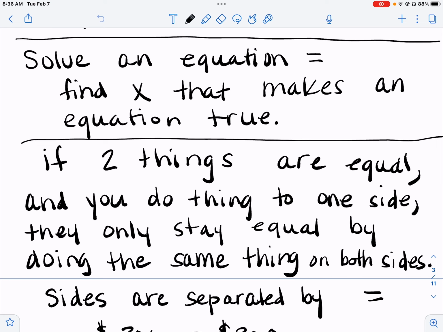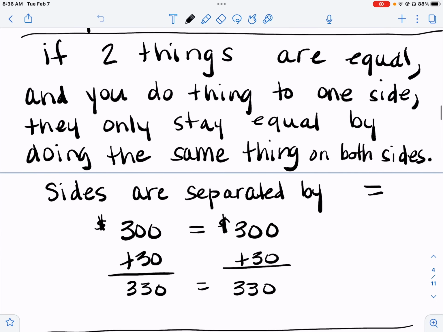To solve an equation means find x that makes an equation true. If 2 things are equal and you do the same thing to both, they stay equal.